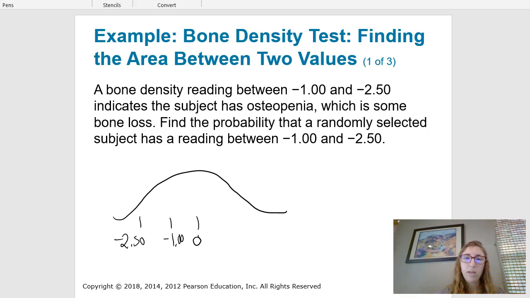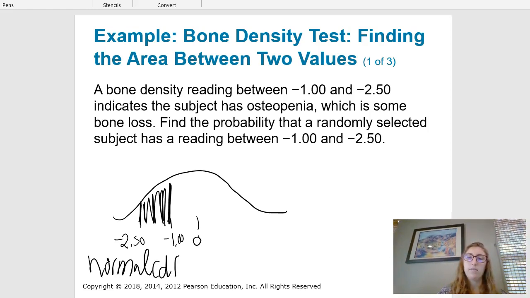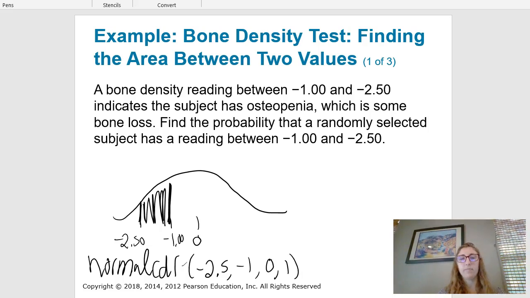And we want the probability of between. For this problem, they already gave us our lower bound and our upper bound. So in our normal CDF, we have a lower bound, -2.5, upper bound, -1, mean, and standard deviation.